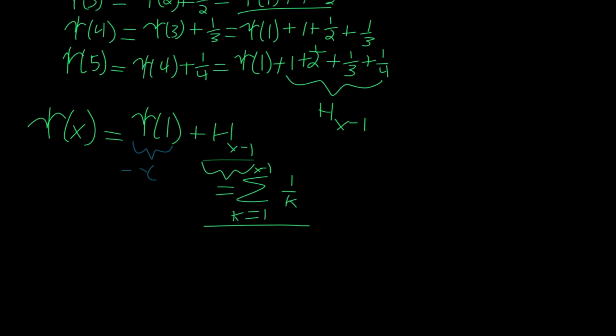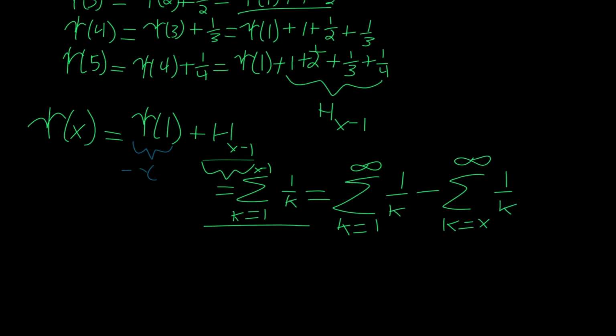One way to represent the sum right here is, instead of summing from k equals 1 all the way up to x minus 1, we can think of it, kind of counterintuitively, but this works nevertheless, as the sum from k equals 1 all the way up to infinity of 1 over k, but then just minus the sum from k equals x all the way up to infinity of 1 over k.